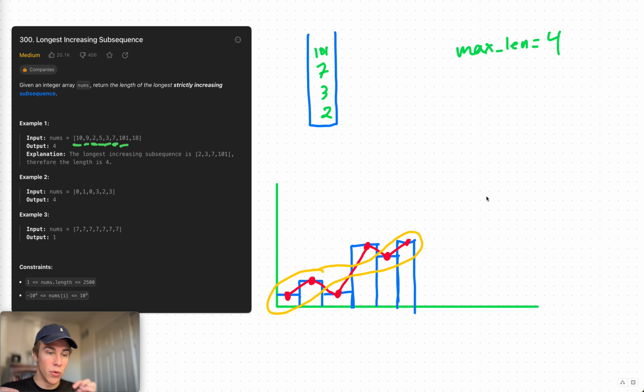We would actually be replacing this value here with this value. So we would be popping this guy out and putting this guy in there again. And then that would lead us to only picking out these values, which is not ideal, which is not the correct solution.